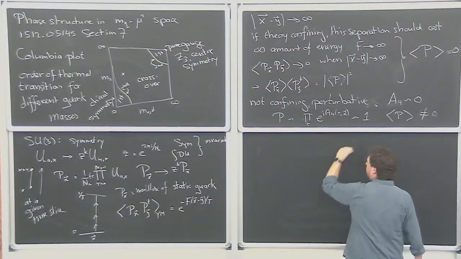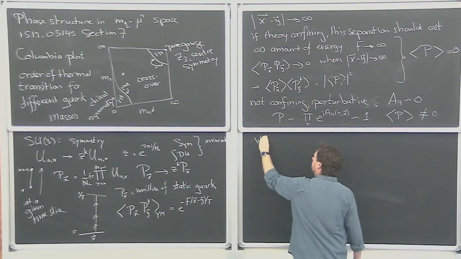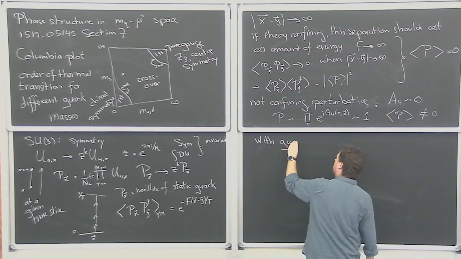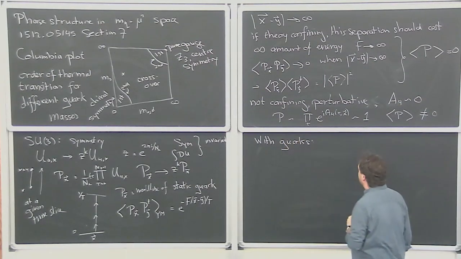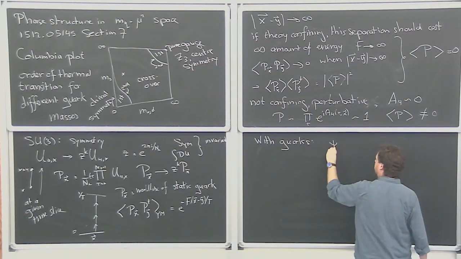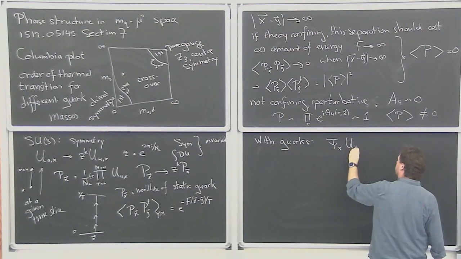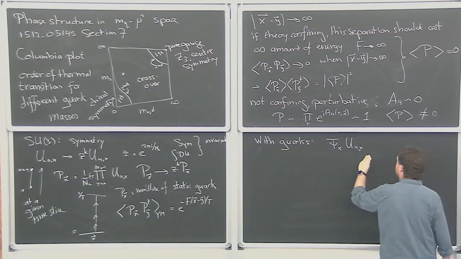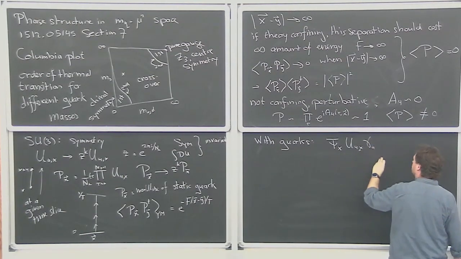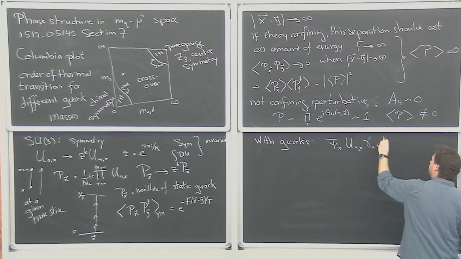But if I now include quarks, I have terms which are of the order ψ̄(x) U_4(x) γ_4 ψ(x+4). Let's put the chemical potential in here as well.